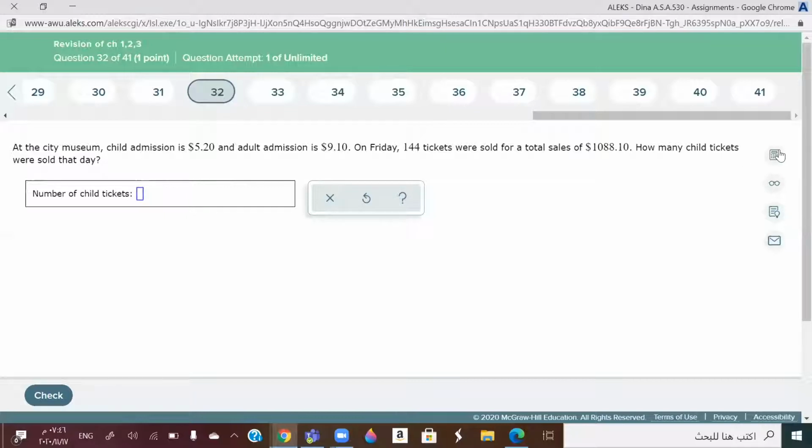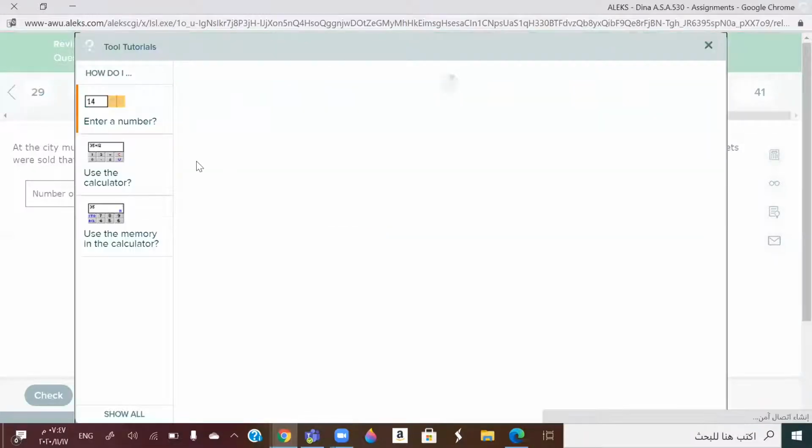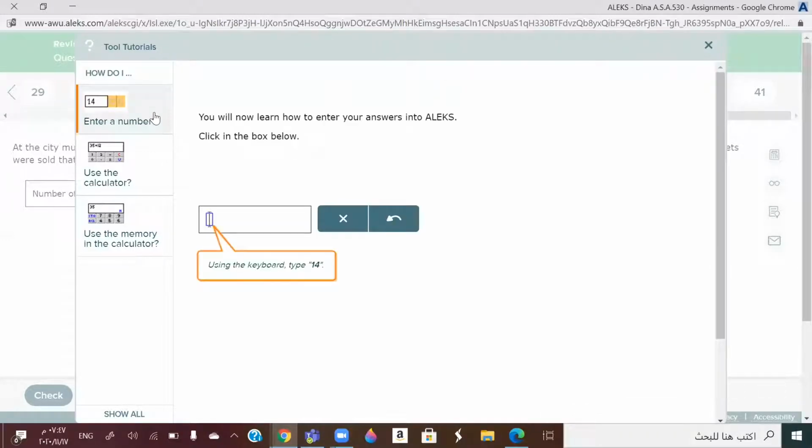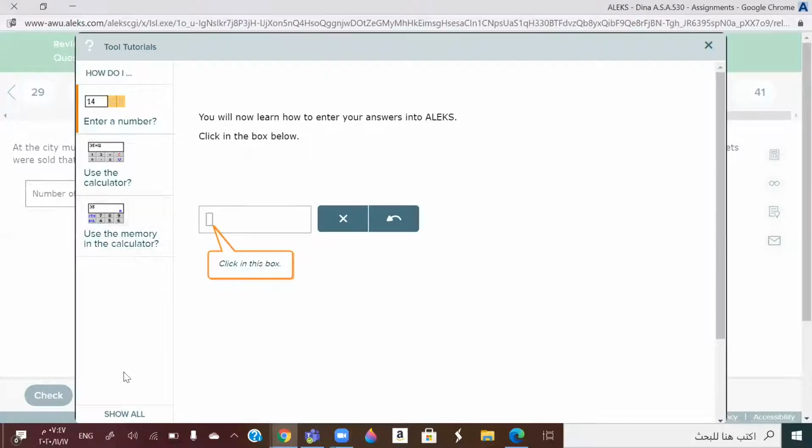First of all, know that you have here your calculator, your explanation, and here you can have access to an example and to your message center. Also, here if you would like to clear everything, undo, and here if you would like to take an overview of how you can enter a number, how you can use the calculator, and other things.